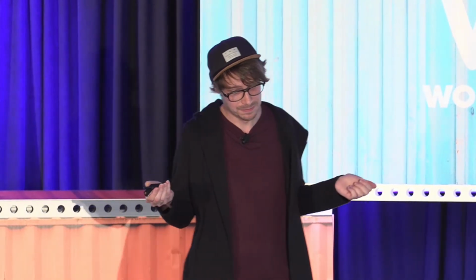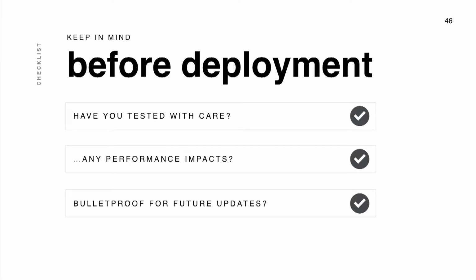And in the end, is your modification bulletproof, safe for future updates? If you're not a developer, as a plugin extension developer you should definitely know how to make it bulletproof and safe, what child themes are for, and then you are good to go.